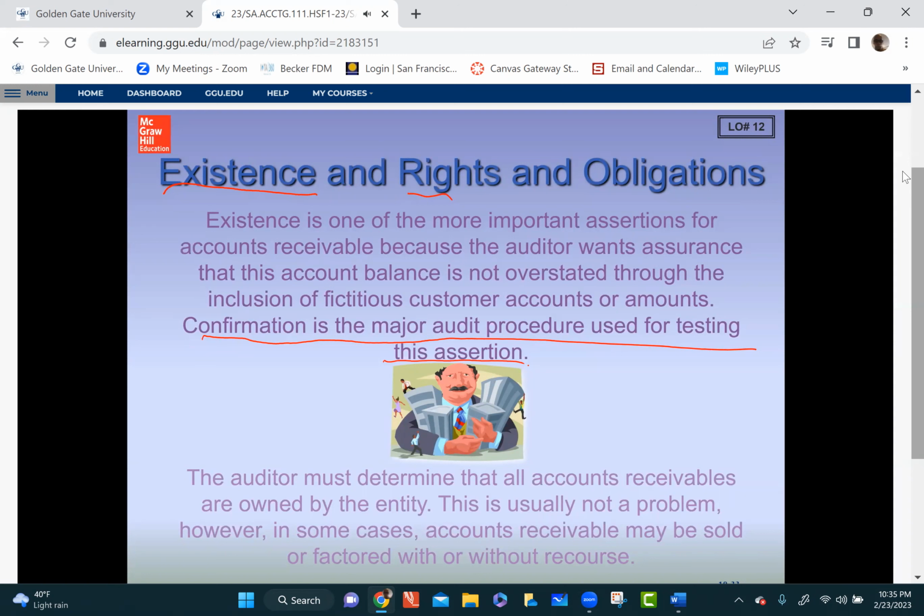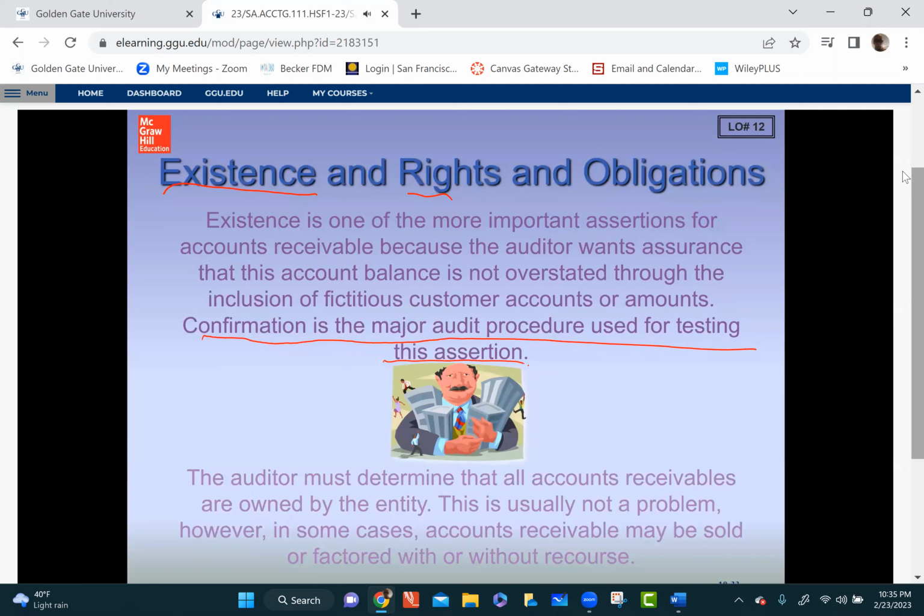What is our tolerable misstatement? What is our expected misstatement? Our population size, I should say. All of those different factors will determine the sample size, and maybe we'll even use dollar unit sampling to pull those accounts receivable balances. Remember, we had that example when we went through chapter 9.